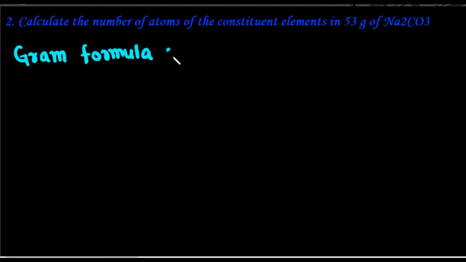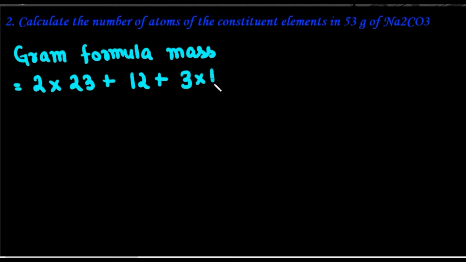Since there are 2 sodium atoms, it will be equal to 2 into 23, that is the mass of sodium, plus the mass of carbon 12, plus the mass of 3 oxygen atoms, that is 3 into 16, which is equal to 106 gram.